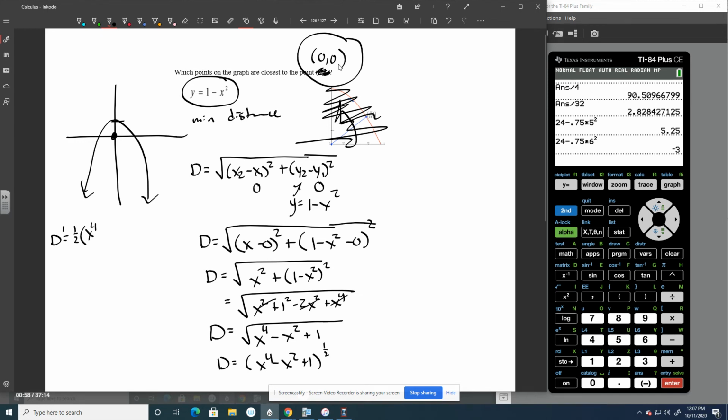The x to the fourth minus x squared plus 1 stays on the inside, and this becomes a negative 1/2. And I've got to multiply by the derivative of the inside. So I need to multiply by 4x cubed minus 2x. So that looks like a great big mess.